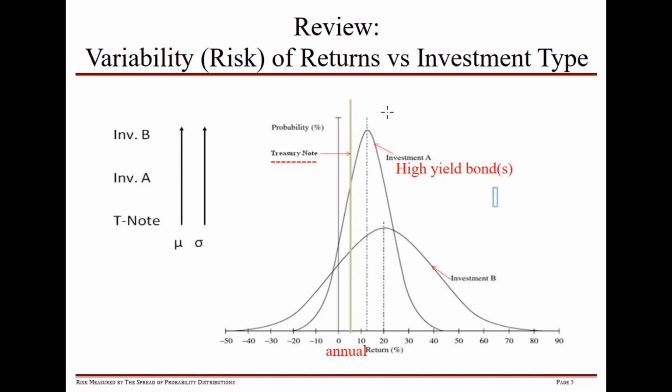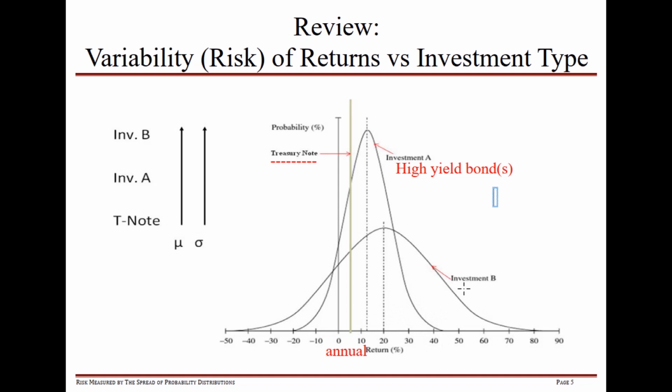But now look what's happening. Now we have a distribution of returns. So sometimes if you buy a pile of high yield bonds, they're not going to do very well. And you might get on average a loss of 10% down here or even more. On the other hand, if none of them magically default, you may get a wonderful return like a 40% return, something like that.